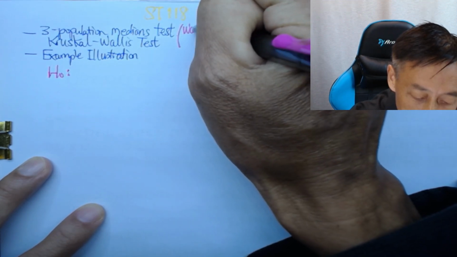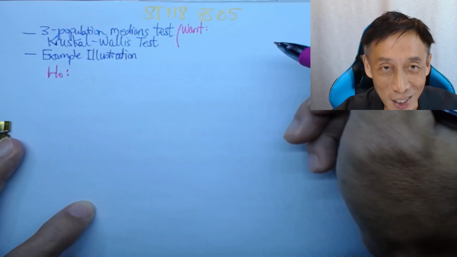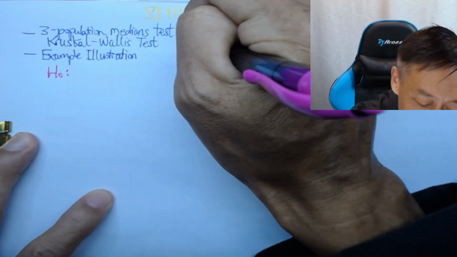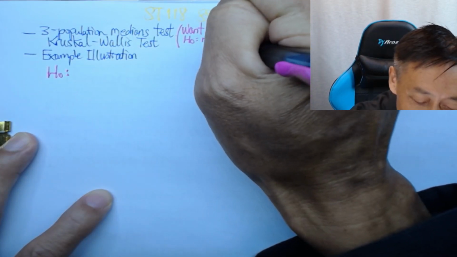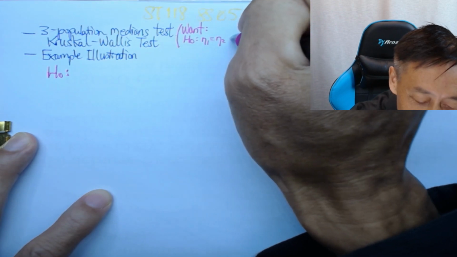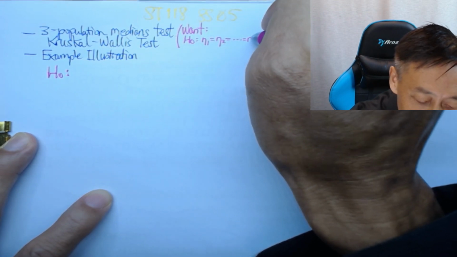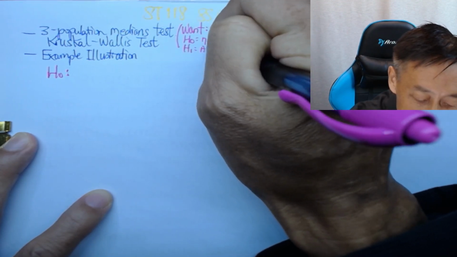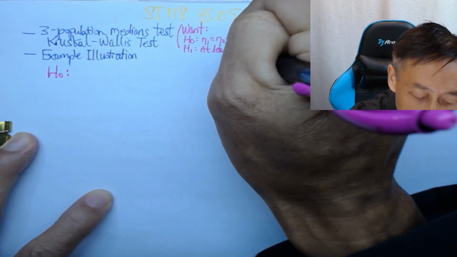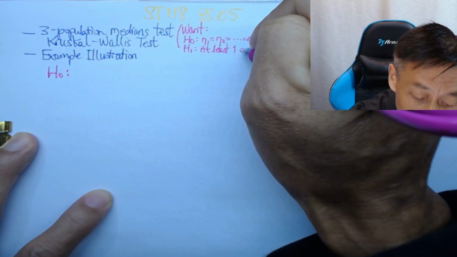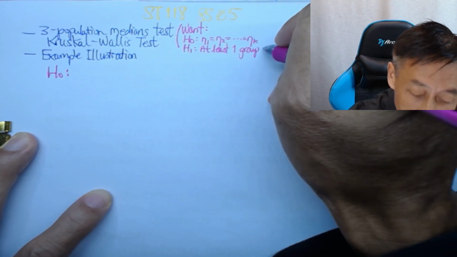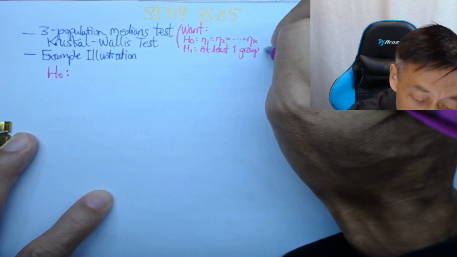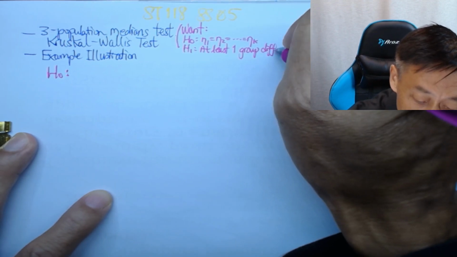You can already sense that there's probably a limitation. What we want to do is eta 1 equals eta 2 equals eta k. There are k populations, right? Versus at least one group differs in median.